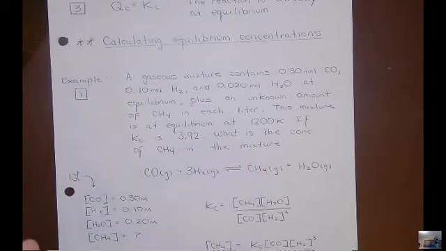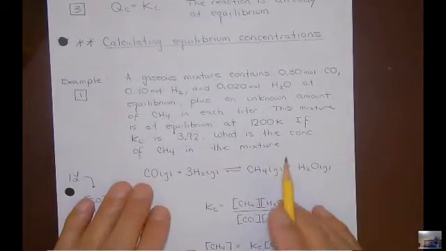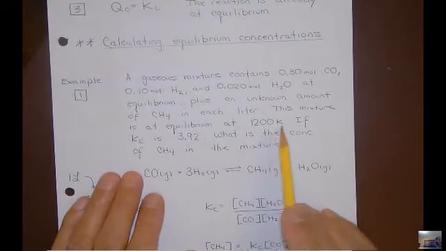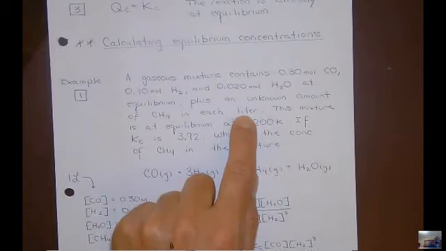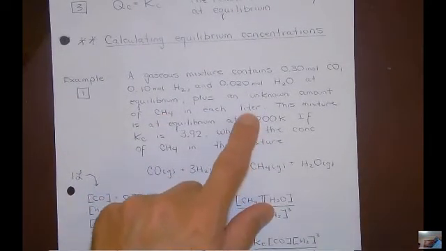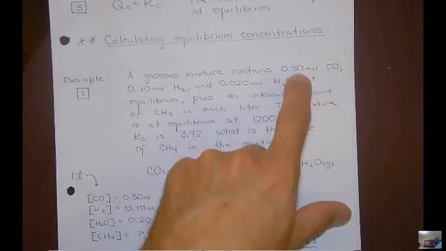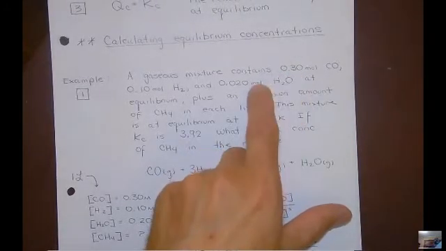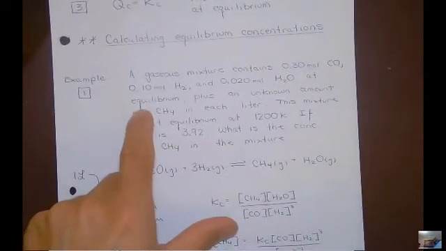Okay, so the first thing that you have to realize is, how big is my reaction vessel, right? Turns out that they made it an easy problem because the reaction vessel is exactly 1 liter. So if I think about it, it says I have that much in each 1 liter. So these numbers really are concentrations of molarity already, and they're equilibrium concentrations because it says it's already at equilibrium.